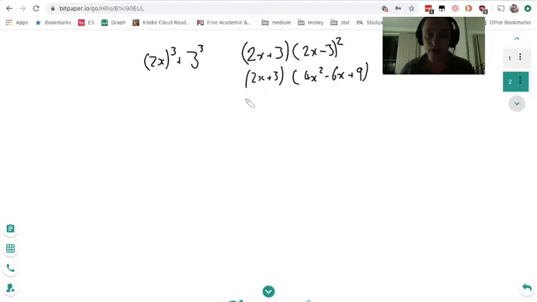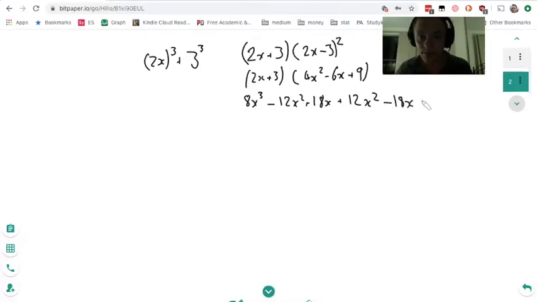So I have 8x cubed minus 12x squared plus 18x. And then I have plus 12x squared. This is looking promising. Minus 18x plus 27. 12x squared, 12x squared, 18x, negative 18x. That leaves me with 8x cubed and 27.